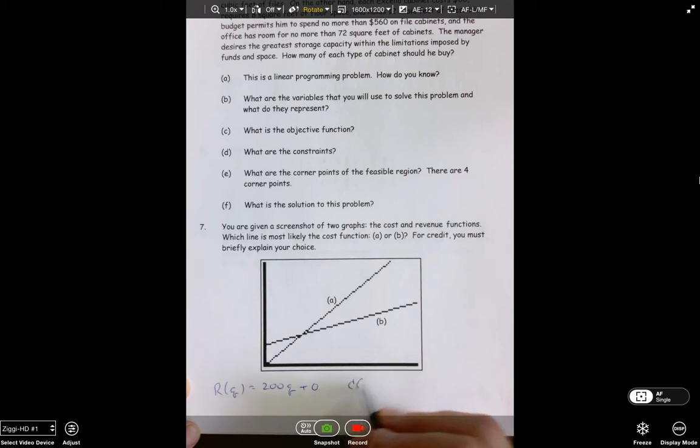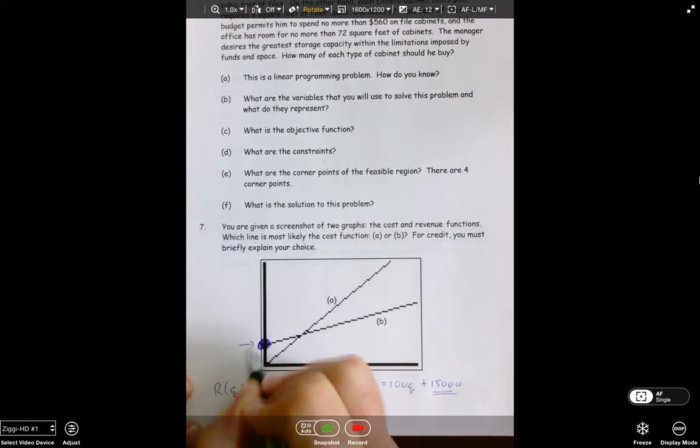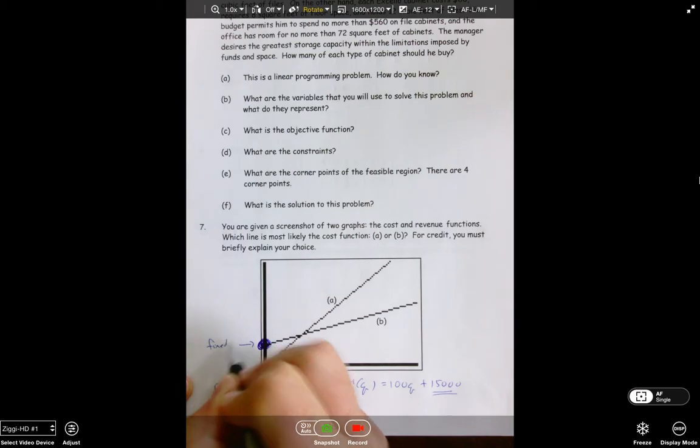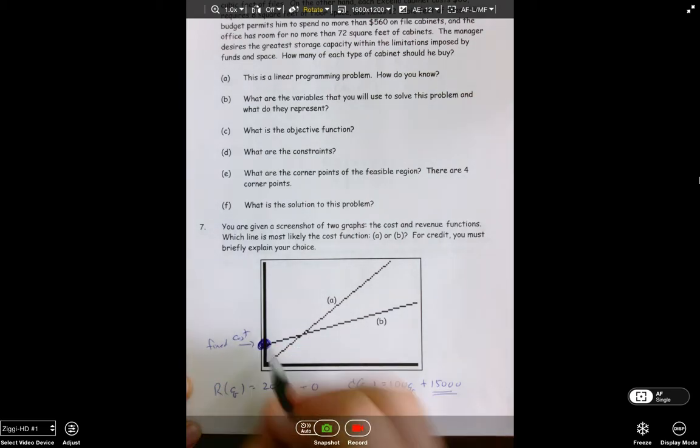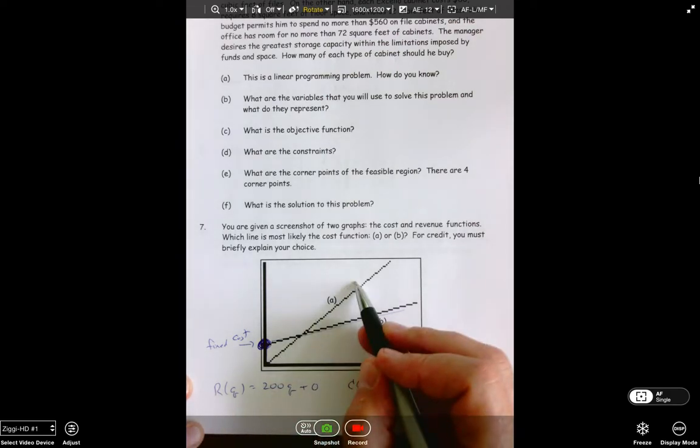A cost function is usually a marginal cost plus a fixed cost. This thing always has a y-intercept, doesn't it? Which tells me I come up here someplace and I start at my fixed cost, and then I have a marginal cost from there on. My revenue would be line A.